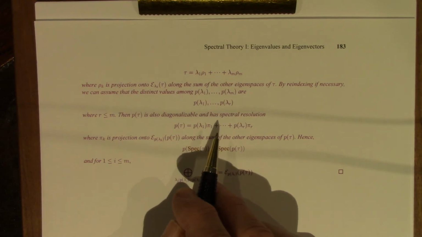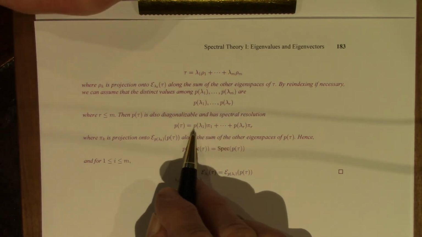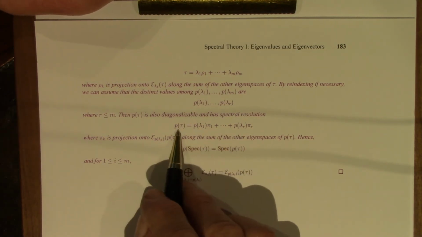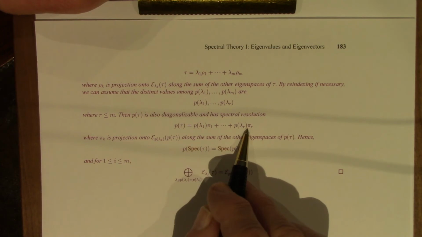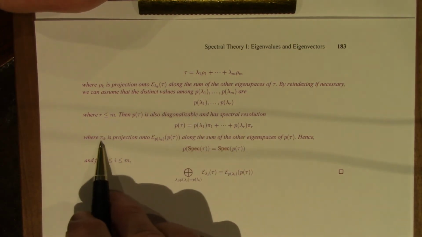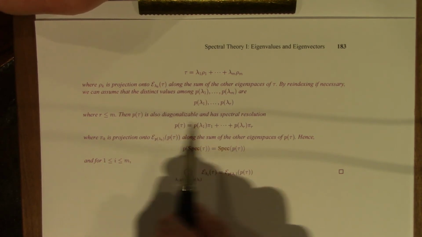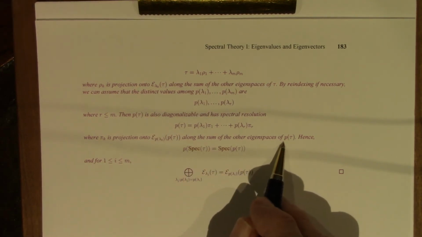And let's see. Yes, that's fine. Just occurred to me I may have said something wrong, but no, it's okay. So the spectral resolution of p of tau looks like this, where the pi sub k is projection onto this eigenspace along the sum of the other eigenspaces for p of tau.